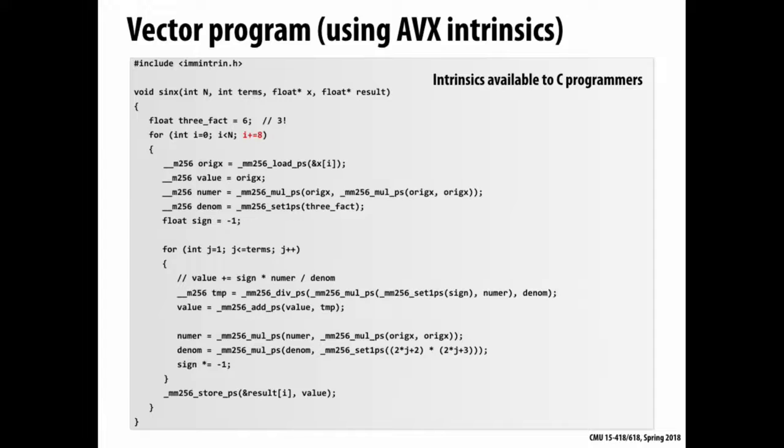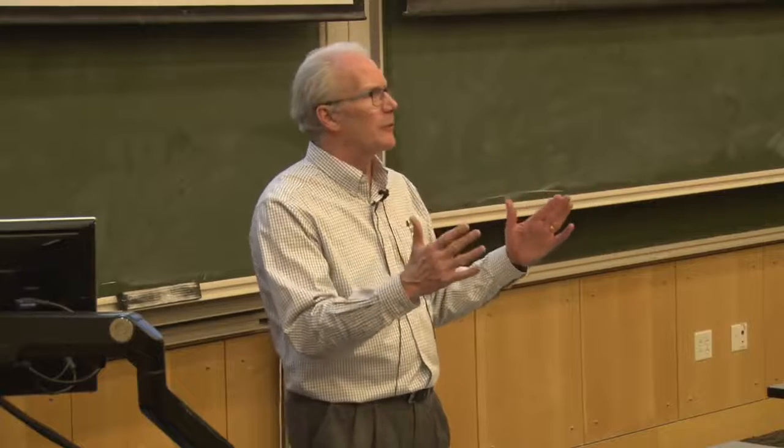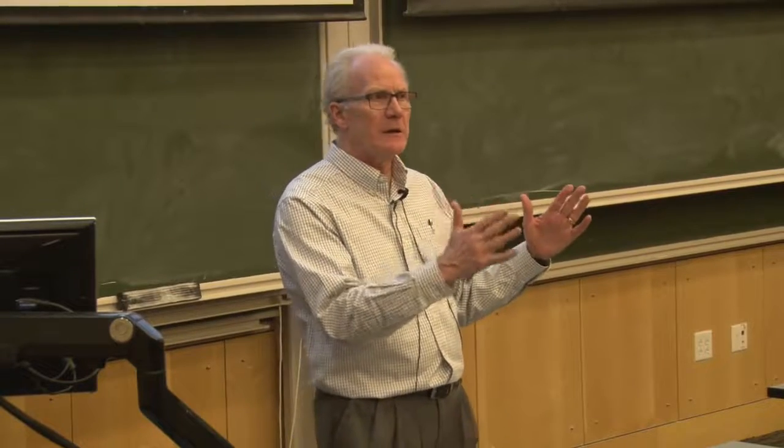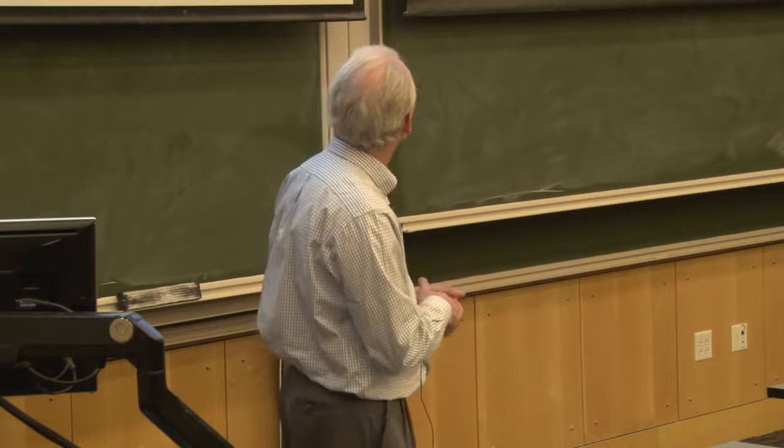And the idea of it is you have special instructions that can operate on 8 values at a time. Actually, it can operate on 32 bytes of data at a time. And we'll mostly talk about single precision floating point, so 4-byte quantities, which means it can operate on 8 of them.